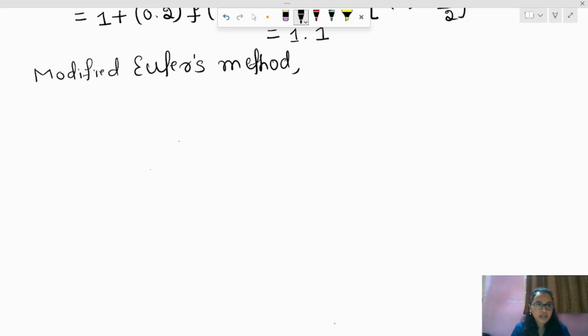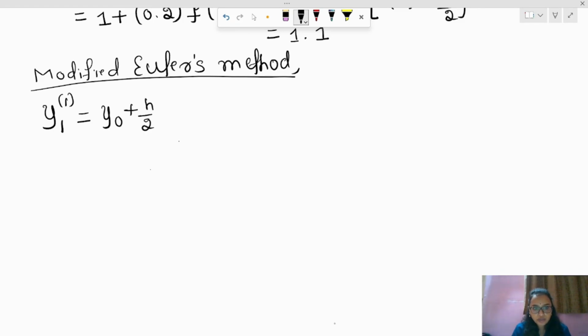So we are going to apply the modified Euler's method, and the formula we define is y1 at its first approximation equals y0 plus h divided by 2, multiplied by f of x0 comma y0 plus f of x1 comma y1 at 0 approximation.